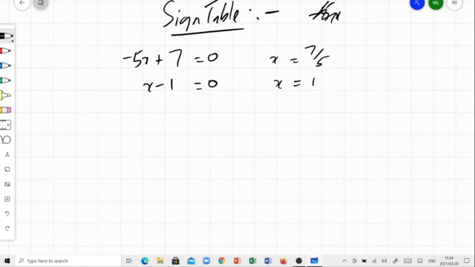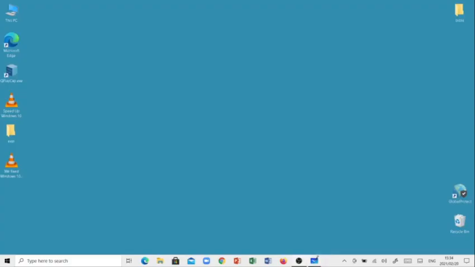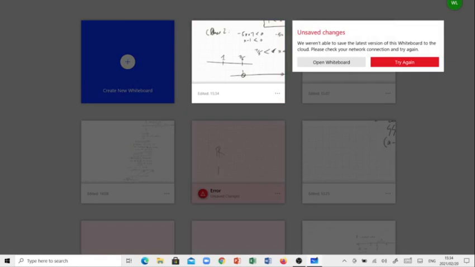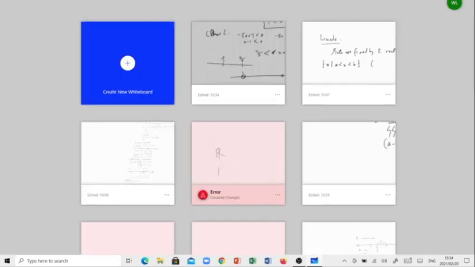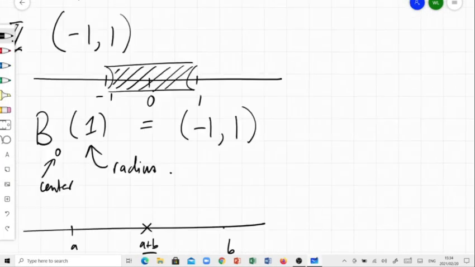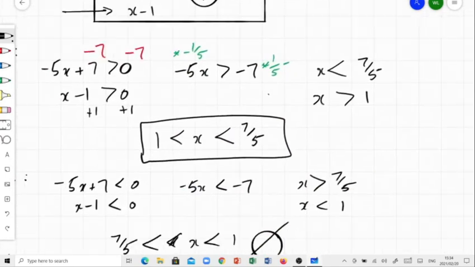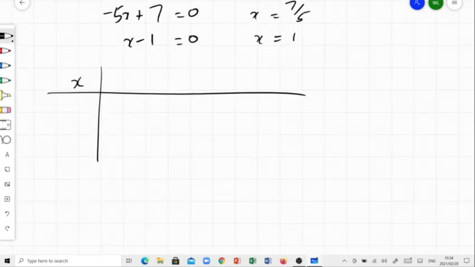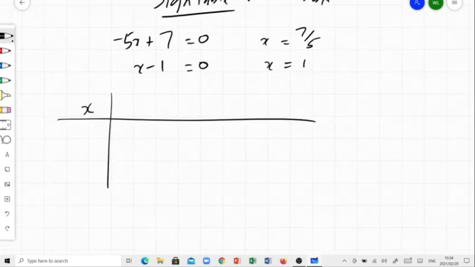Okay, so what I then do is make my table. Let me get my whiteboard again. It's just jumping about. In this case, I make 4 columns.